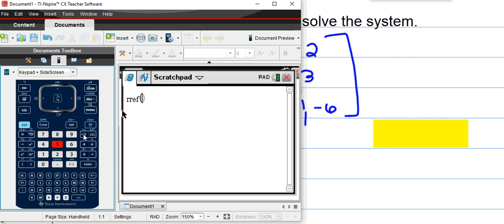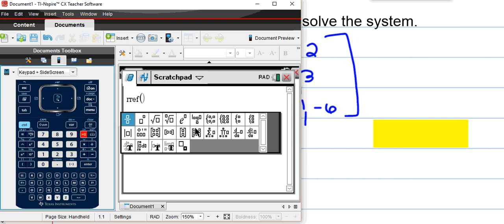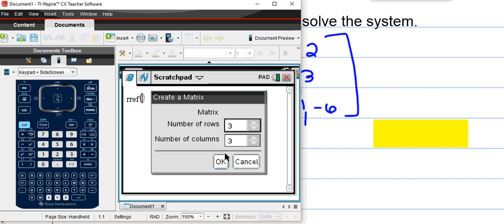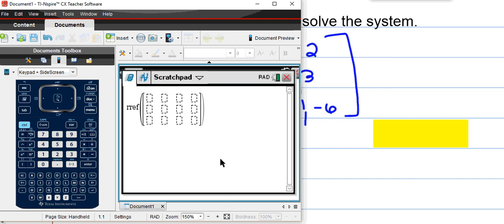Then you press that little button beside the 9, and choose that largest matrix, and change your dimensions. We had 3 rows and 4 columns, and there we go.